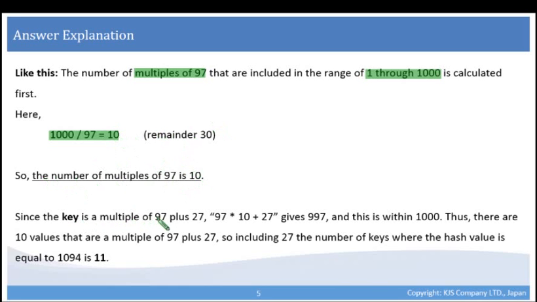Since the key is a multiple of 97 plus 27, we use the top value, which is 97 times 10, and add our 27. This gives 997, which is still within our range of 1000. Thus there are 10 values that are a multiple of 97 plus 27 within our range. We then include the 27, so the number of keys where the hash value is equal to that of 1094 is therefore 11.